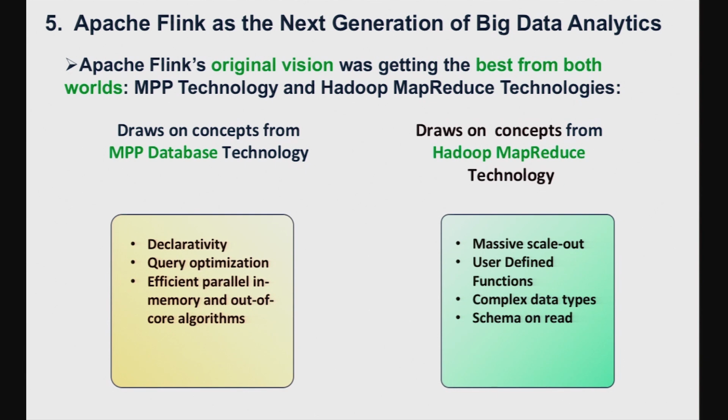At a high level, what Flink is essentially doing is taking two different worlds. On the left side we have what's called MPP database technology, with technologies like Teradata and other high performance database engines. For the last 30 years we have been using this technology, and it has evolved and is pretty mature. They invented a lot of nice things in database technology, like declarativity.